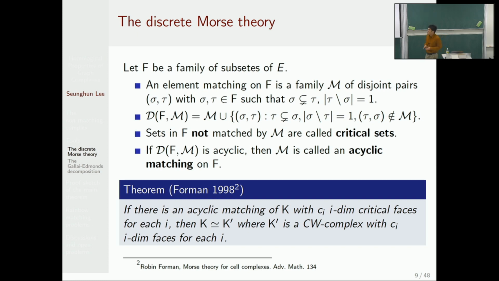Actually this theorem is not only for simplicial complexes, but for arbitrary cell complexes. And if you are not very familiar with CW complexes, you can just consider them as a generalized simplicial complex somehow.